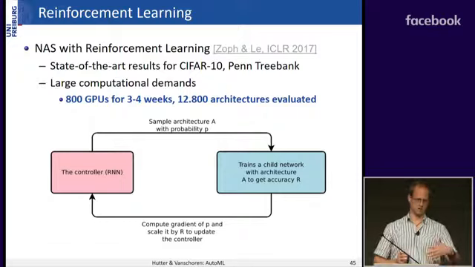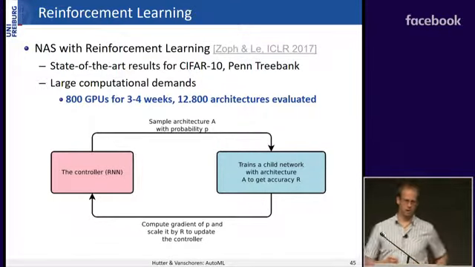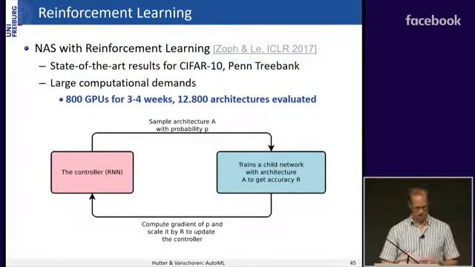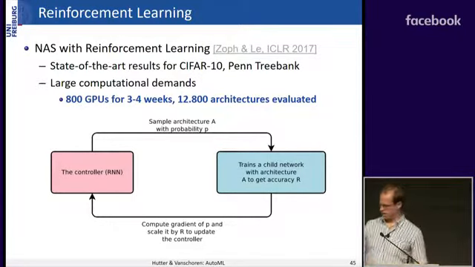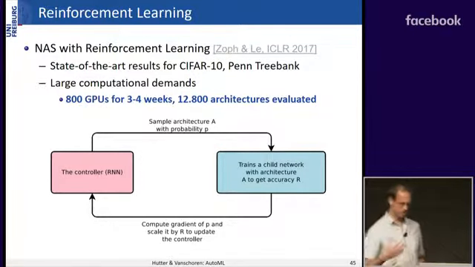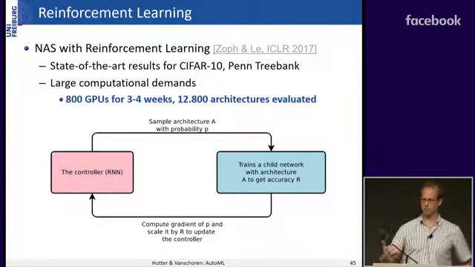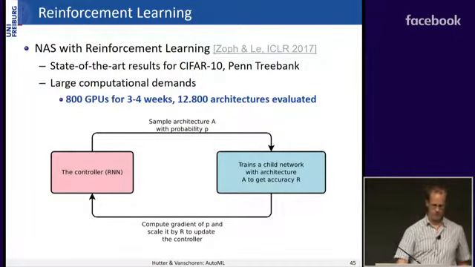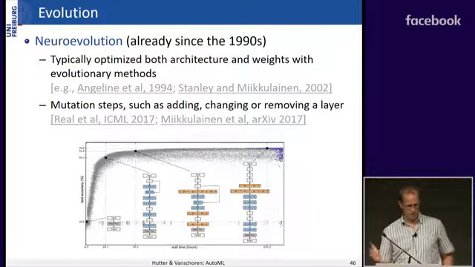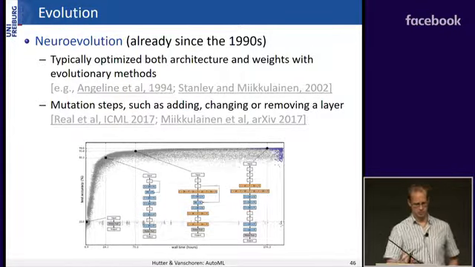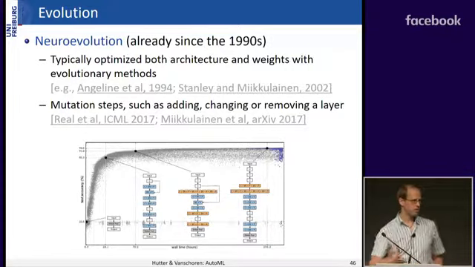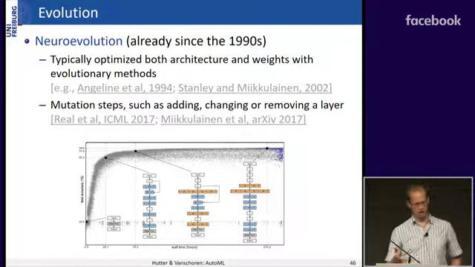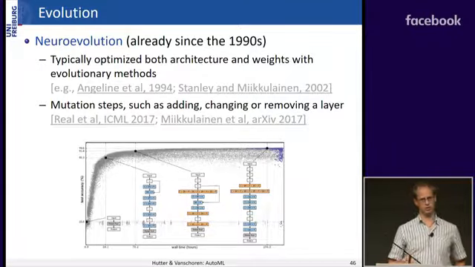That is why recent work really looks at going beyond the black box function. But if you have these large computational resources, then this was the first paper that could actually achieve new state-of-the-art performance with an automated pipeline. There's lots of other work on black box optimization. For example, neuroevolution algorithms actually go back to the 1990s. Typically, what they did is to optimize both the architecture and the weights with evolutionary methods.